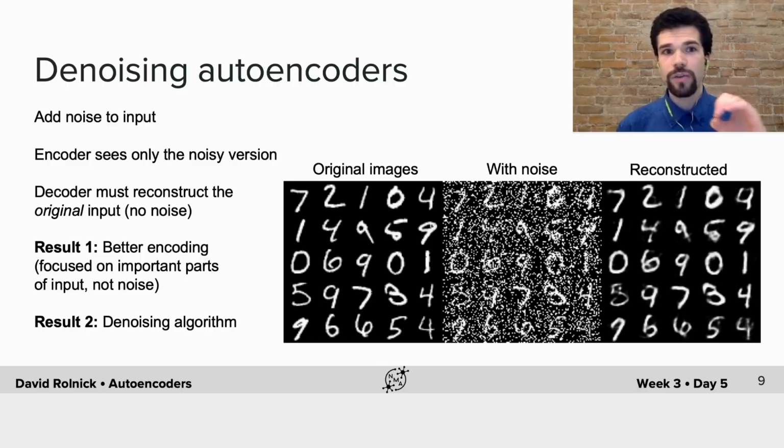And then, in addition, for a denoising autoencoder, you also have a denoising algorithm, which is just the encoder plus the decoder, which can take a noisy image, throw it into a low-dimensional representation, and then reconstruct it without the noise. So you've got automatically a denoising algorithm as well as the normal features of an autoencoder, which is really cool.